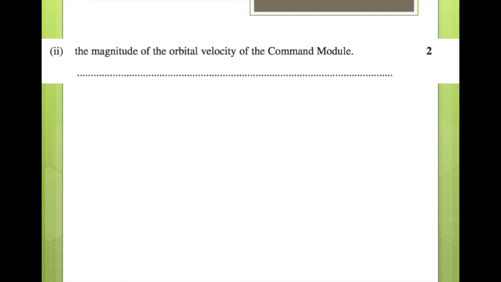In part B of the question, we are asked to find the magnitude of the orbital velocity of the command module. So we know that velocity is equal to distance divided by time, and the distance is calculated by 2 pi r, and the time it takes is the period. So we can sub in the radius and the period.